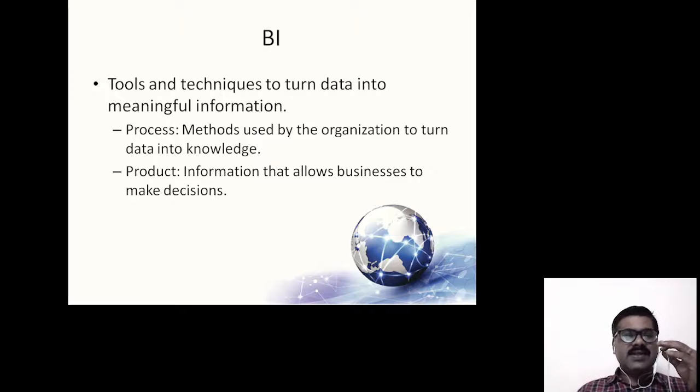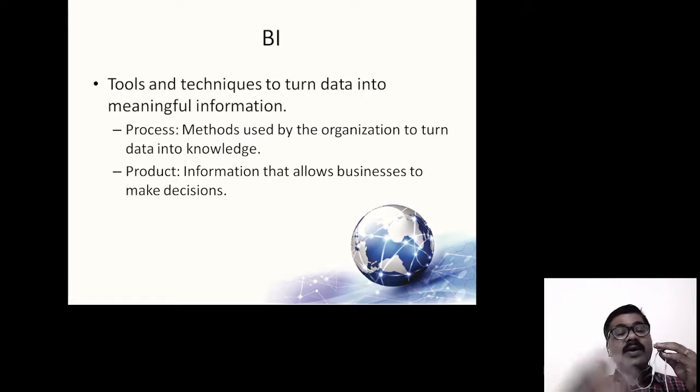And business intelligence. Business intelligence comprises the tools and techniques which can turn data into meaningful information. It involves process and products. What are processes? Processes are the methods used by the organization to turn data into knowledge. Classification is a process, association is a process, clustering is a process. And the second one, product. What are we getting out?